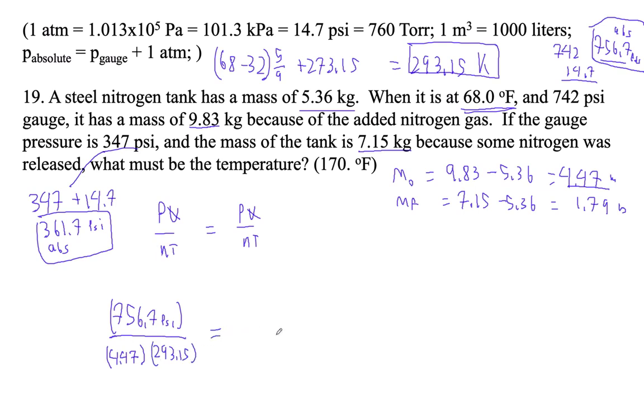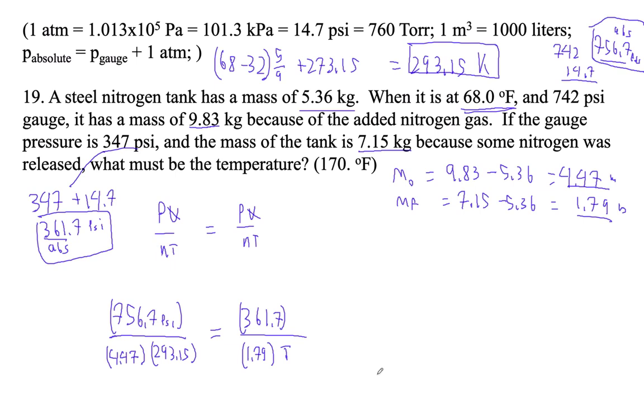And then the new pressure is 347, which we have to use as 361.7. The amount of nitrogen is 1.79. And then we're solving for that temperature. Oh dear. Okay.